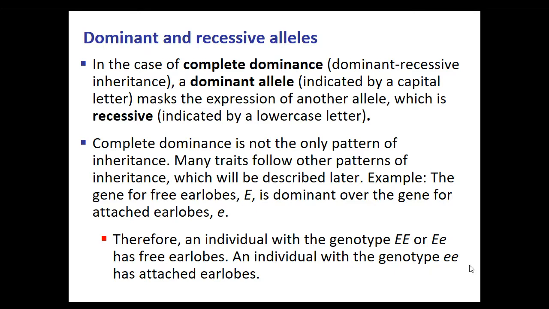If this is your eye color genotype, you have one big B for brown and one little b for blue, your eyes will be brown, not blue. That's what complete dominance means. Not all traits are like that. In many traits, there are two alleles, but neither of them is dominant over the other. We'll talk about that kind of pattern later.